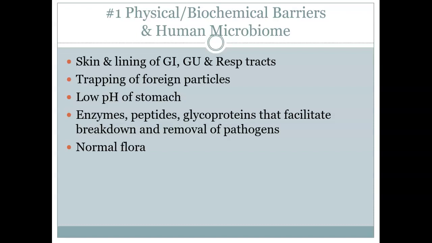There is also the low temperature of our skin, the low pH of our stomachs, and different enzymes and peptides within our bodies that help facilitate the breakdown or removal of pathogens.